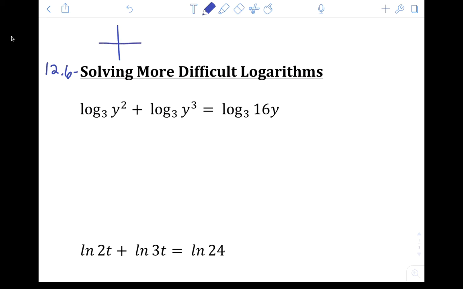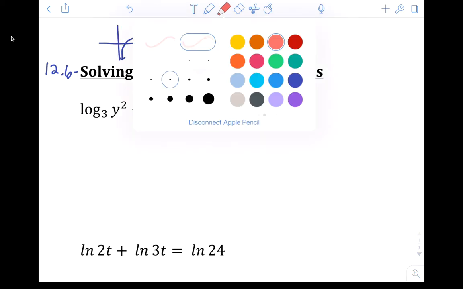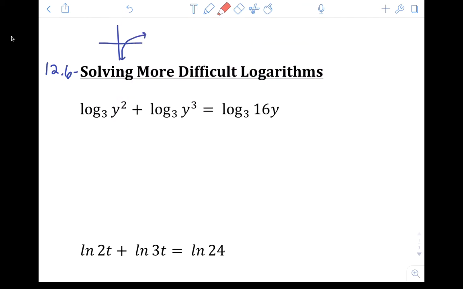Now, it's always important for you to know why you get extraneous solutions. Remember that a logarithm looks like this. It has a vertical asymptote that is really thick, along the y-axis.